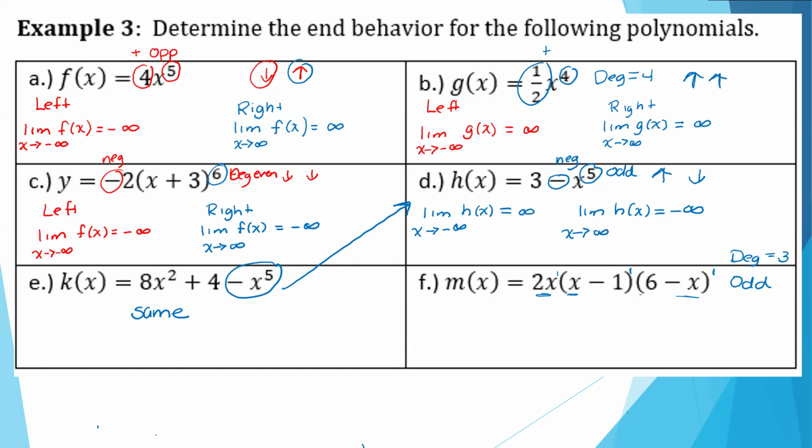So what would you multiply to get the x cubed? 2x times what? X, which is positive, but then what's over here? Negative x, because you're going to end up multiplying those, and that's your leading coefficient. So 2x times x is 2x squared times a negative x is going to end up being what? Negative 2x cubed. So your leading coefficient is actually negative.